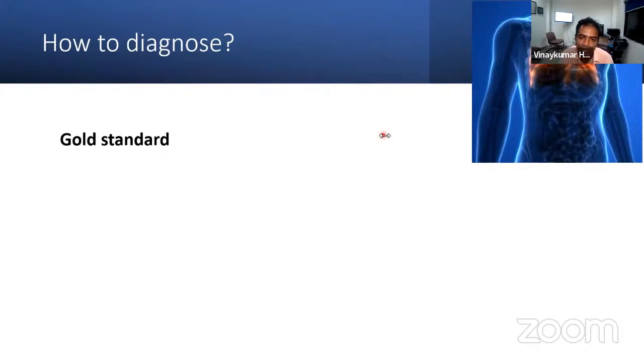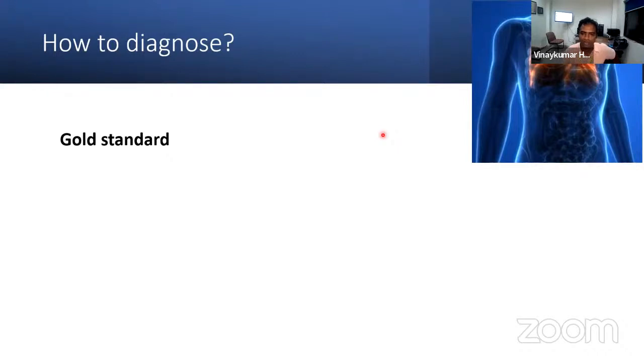So my question was, what is the sample? What's the best sample for diagnosis of pneumocystis pneumonia? So we have people who said lung biopsy, and we also have people who said BAL and induced sputum.